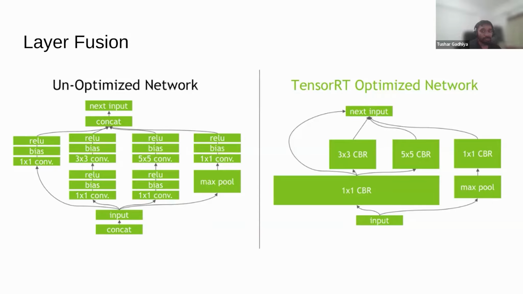In order to optimize it, you can try to find operations that happen very frequently together, and instead of running them individually, you can fuse them into a single kernel. For example, you would often see a convolution operation and ReLU come together.